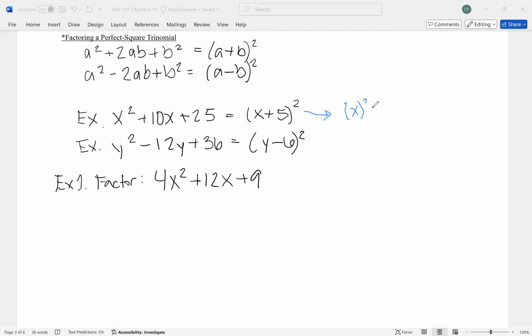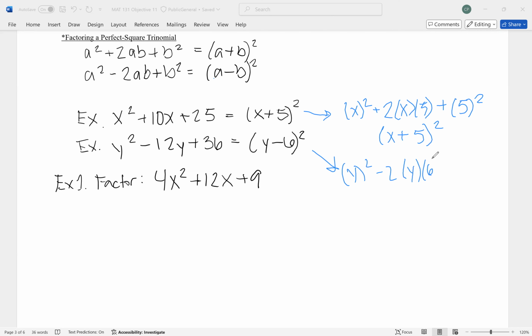If we used the formula that we have, we could break it up like this, and we will figure out that it is (x plus 5) squared, okay? The same with this one. It will be y squared minus 2 times y times 6 plus 6 squared, and that will let us know it's (y minus 6) squared, okay?